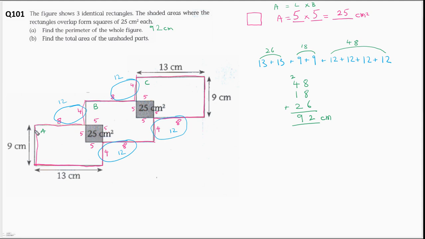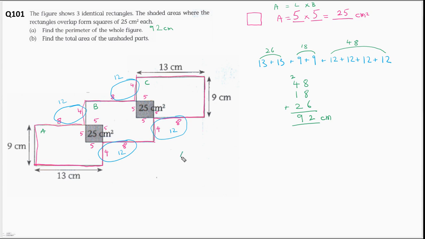For B, we've got one of the rectangles, take away 2 shaded squares. And for C, we've got one rectangle, take away 1 shaded square. So actually what I noticed is that A and C are going to have the same area. Okay, B has a different area.